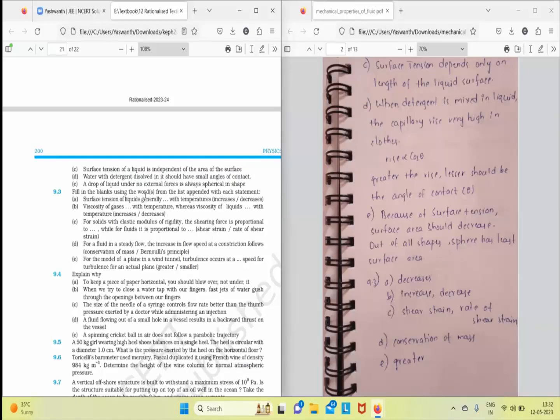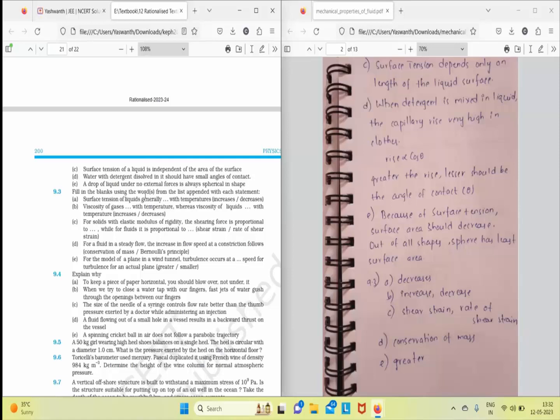Suppose you have water and you have a surface of water. Molecules on the surface of the water will experience some kind of attraction force from molecules within the water, because the main aim of the molecules will be to reduce the surface area. I mean, suppose you have a bucket of water and you have some surface, right?